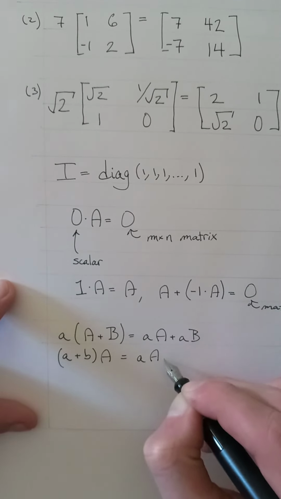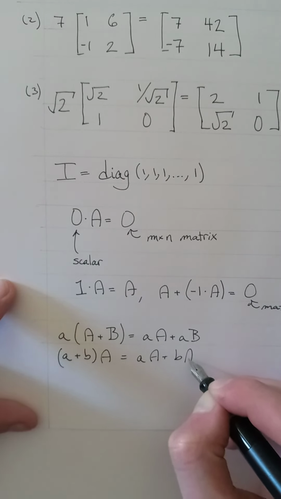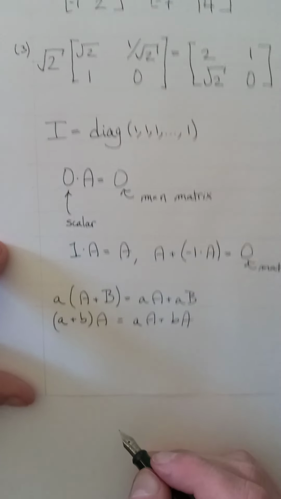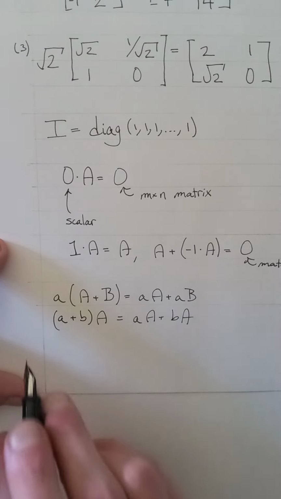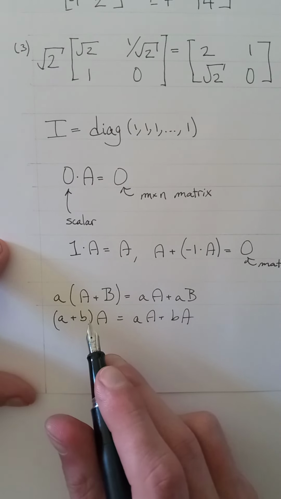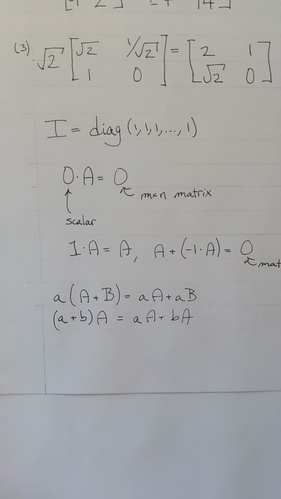So this is the same thing as little a times matrix A plus little b times matrix A. And again, this is just because we're piggybacking off of how we're defining matrix addition, using the addition of numbers. So, wow, that's gone on a long time. I better end it here. We'll continue with trying to generalize multiplying numbers to matrices next time.